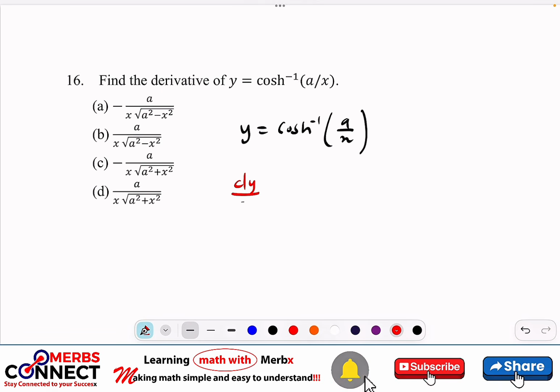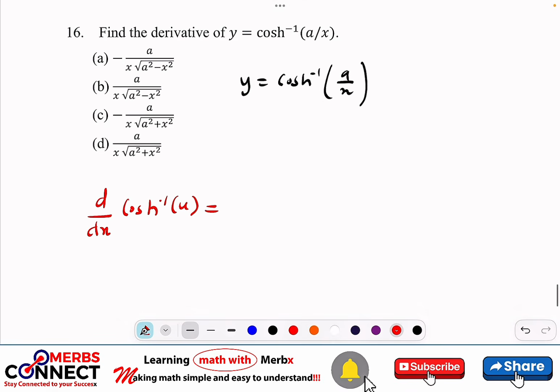So dy over dx, or let's say the derivative of the hyperbolic function of u is equal to 1 divided by square root of u squared minus 1, times u prime. Is this true?